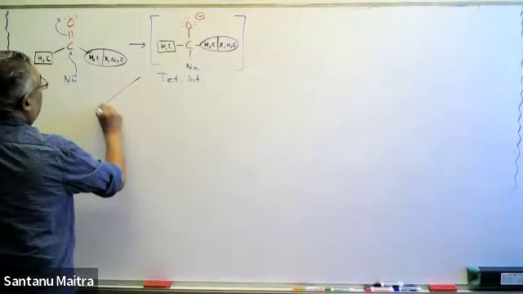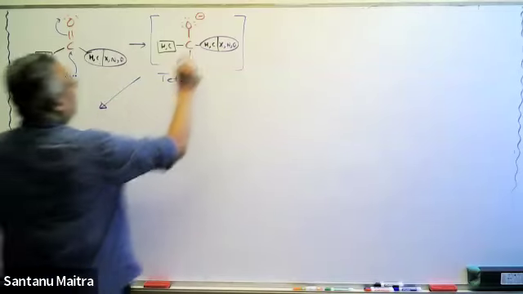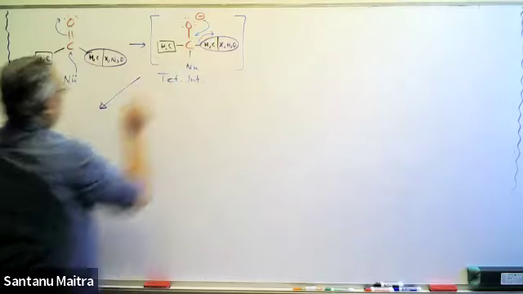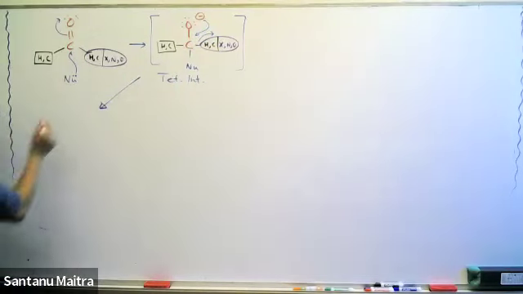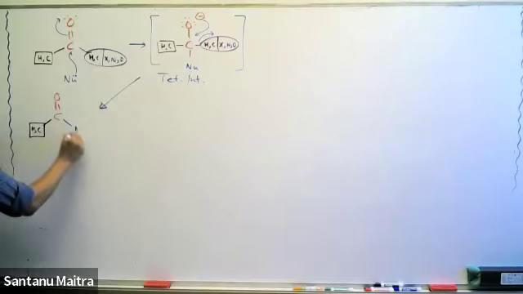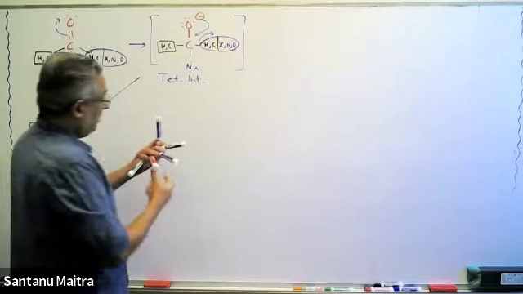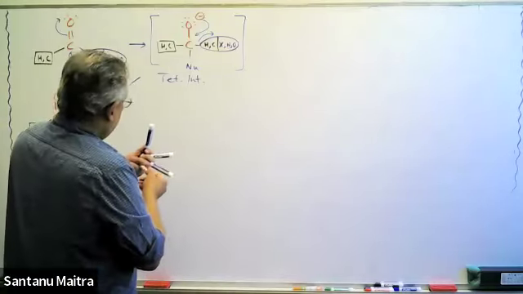Two things can happen. It can either regenerate the carbonyl, producing a brand new carbonyl compound, HC, and the nucleophile. This is substitution. And this is, let's use a different color.